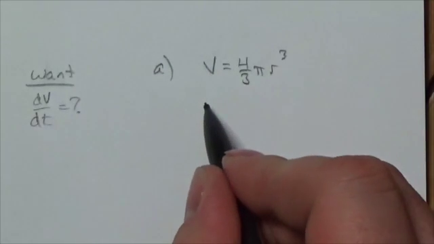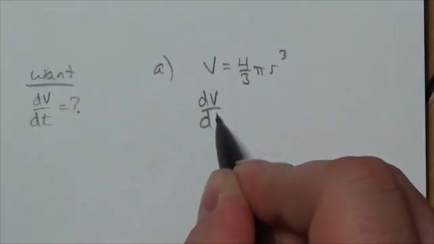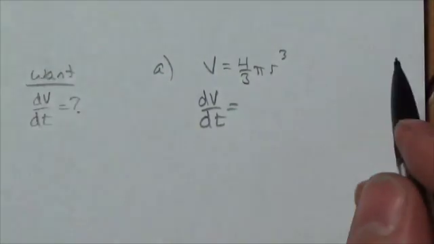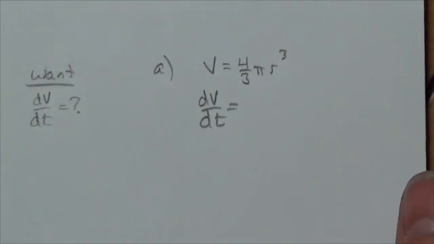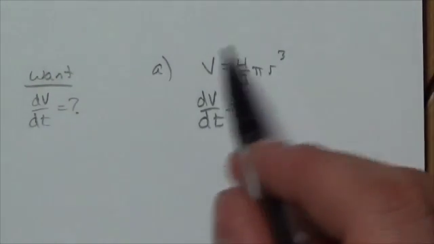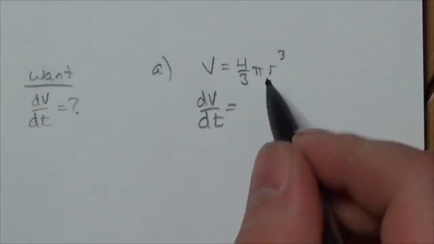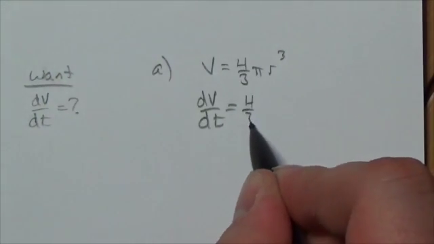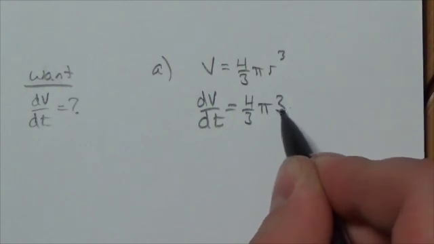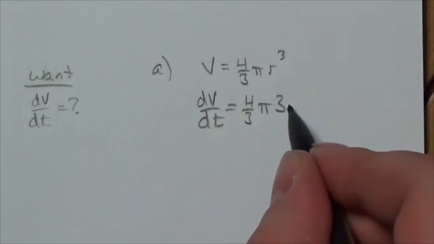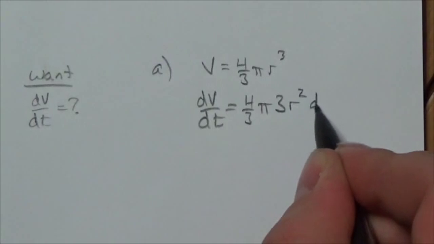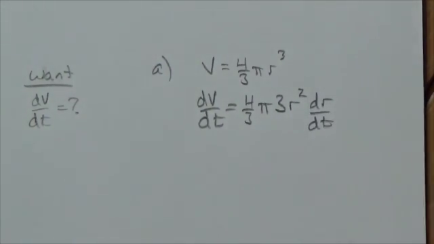So dV by dt, and remember I have to take the derivative implicitly, because when we're talking about related rates, we're taking the derivative with respect to time. This becomes 4/3 pi, and the derivative of r cubed is 3r squared, times dr by dt.